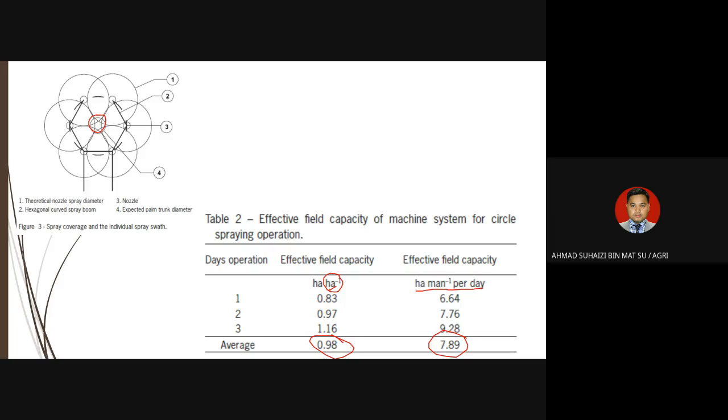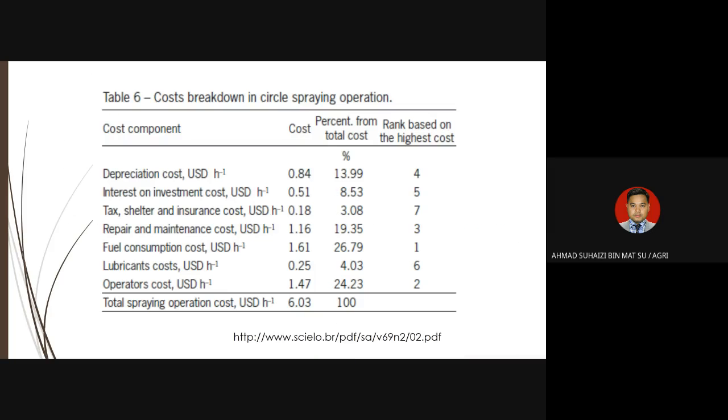Yeah. So especially right now we have the COVID-19 pandemic, so accessibility for foreign workers or any labor is limited, and basically the field work is quite challenging. So the plantation normally will seek an alternative, a faster solution to spray those chemicals. Yeah, and then this is the cost breakdown for the spraying operation.